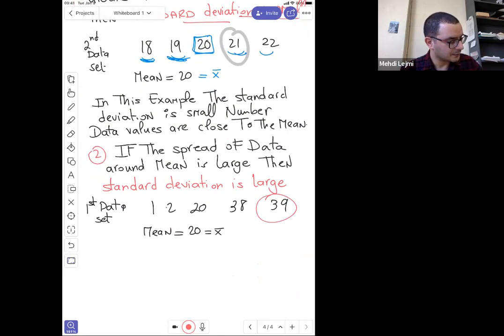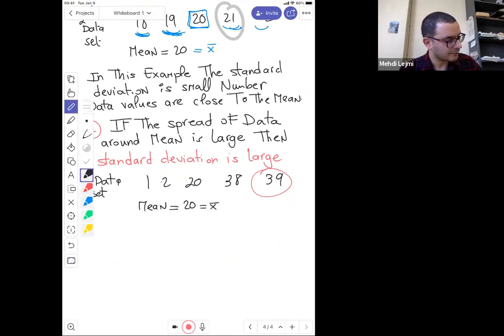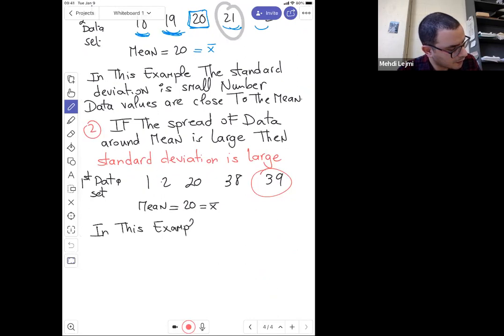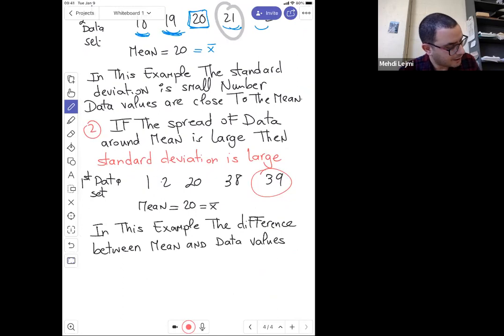So in this example, the difference between the mean, X bar, and the data values is large in general, it's big, right?